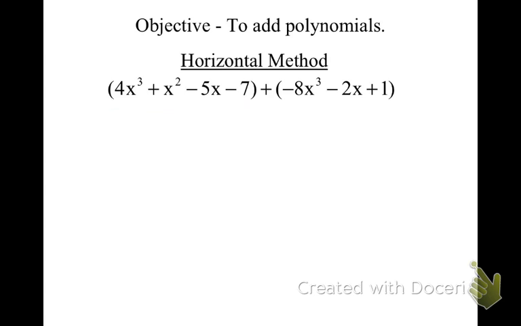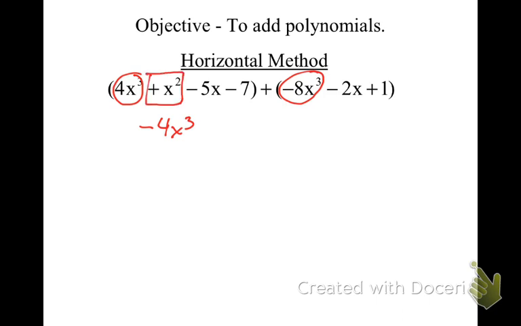So 4x to the third power is a like term with negative 8x to the third power, and that makes negative 4x to the third power. And I'm going to go in order of my exponents.